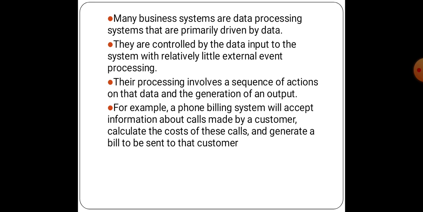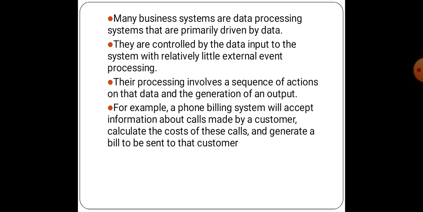Their processing involves a sequence of actions on the data and the generation of an output. Means we give the input, we get the output. In between giving the input and getting the output, some process is happening. How this happens, we are going to discuss in further slides.